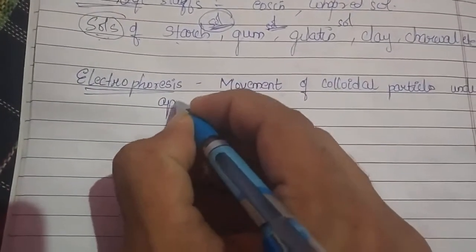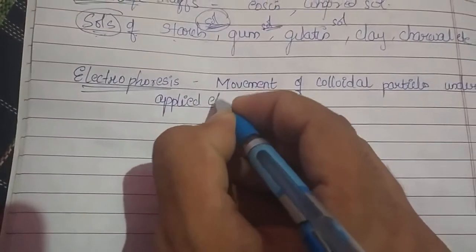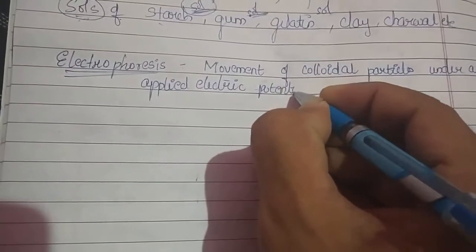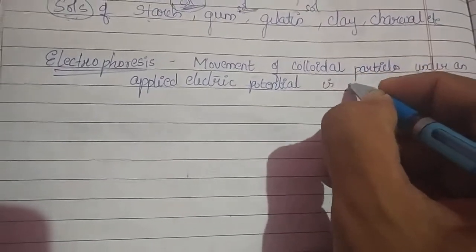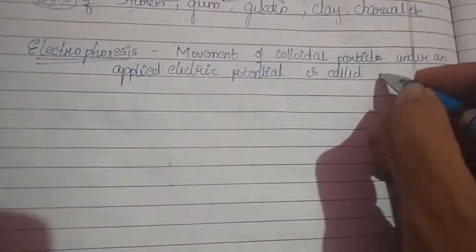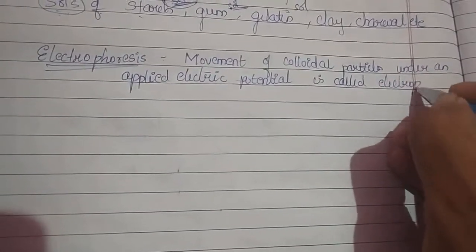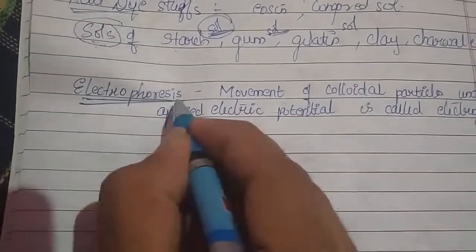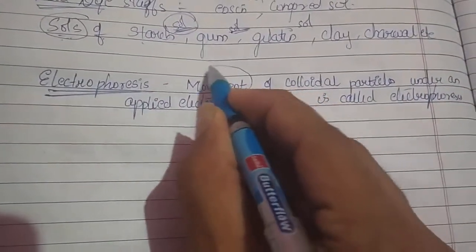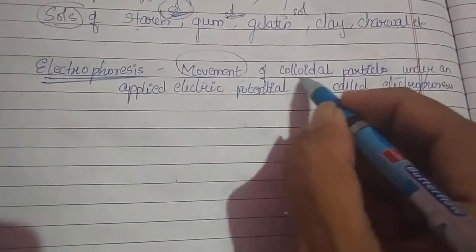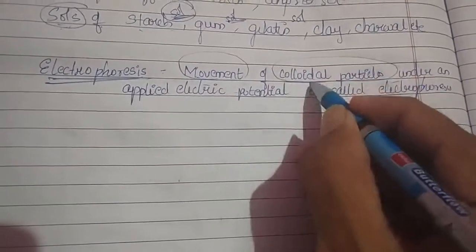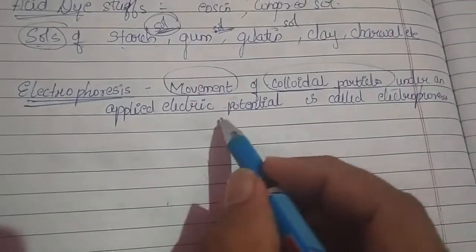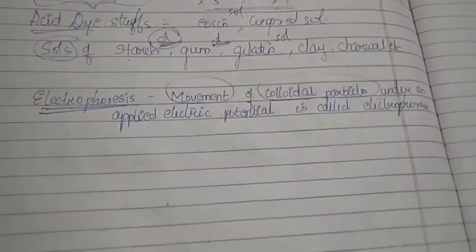This process is called electrophoresis. So electrophoresis means the movement of colloidal particles, very important, under an applied electric potential.